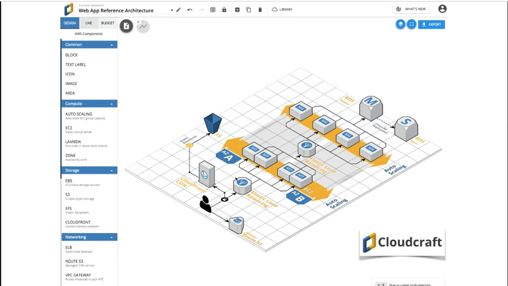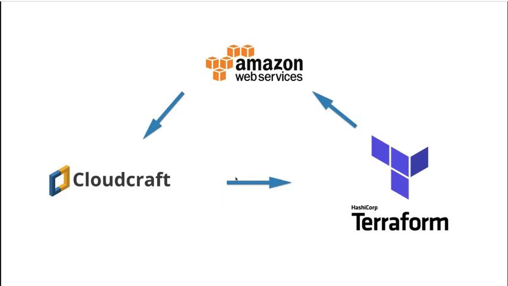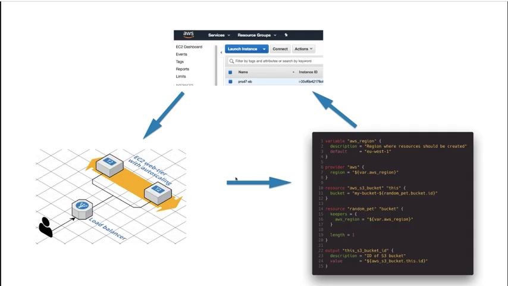This product by Cloudcraft allows you to visualize and draw diagrams and connect different components, and it's very helpful to see what kind of stuff we have created in the account or how our project is built. Some time ago I was thinking that we have the AWS console, we have Cloudcraft with visual diagrams, and we have Terraform as infrastructure as code.